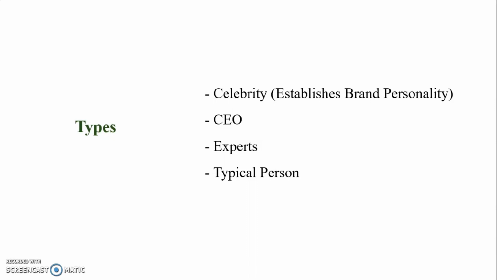Let us also see a few types of spokesperson. Celebrities, who are basically used to establish brand personality, are one type of spokesperson. At the same time, CEOs, experts, and typical persons are also types of spokesperson. Typical person here is referring to a common person.